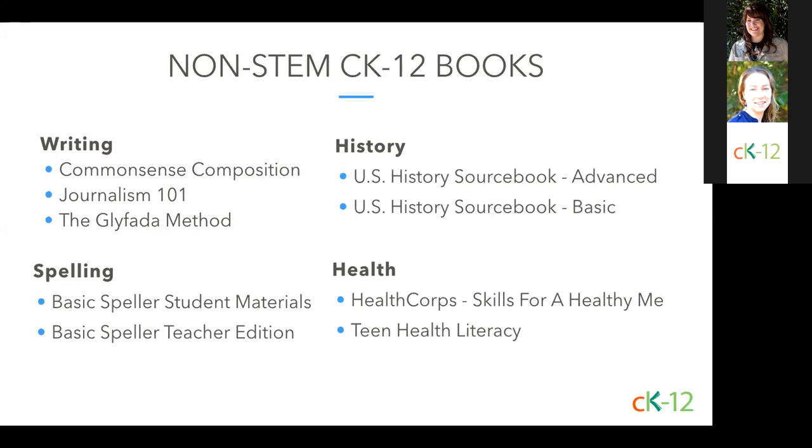We have some history content, an advanced and a basic U.S. history source book. And we have some health materials, a Health Core resource and a Teen Health Literacy FlexBook as well. These are books that have the CK12 stamp of approval, that we've helped create or digitize, available for you to start using right away.